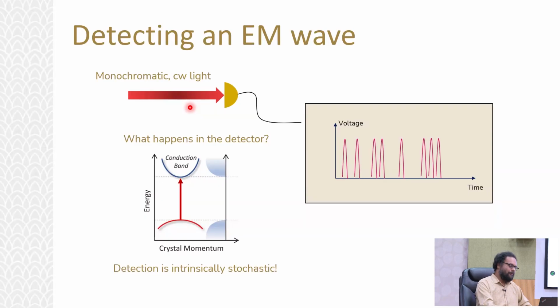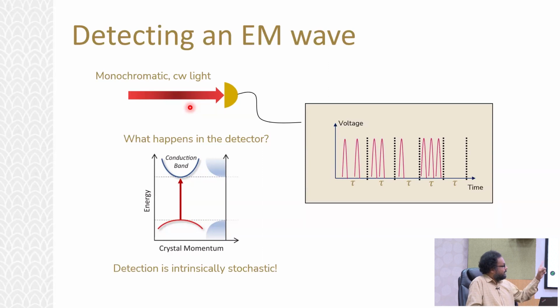Now in this particular time trace, I can divide it into time zones of a certain time period tau. And now I say every time I detect or generate a voltage, I attribute it as a single photon detection event. I'm not detecting a single photon. I'm only saying I'm measuring some form of single photon detection event.